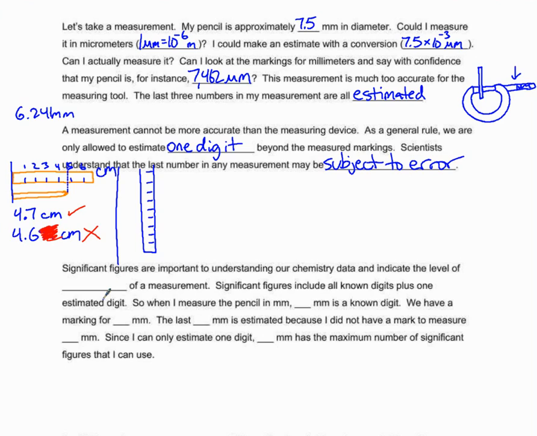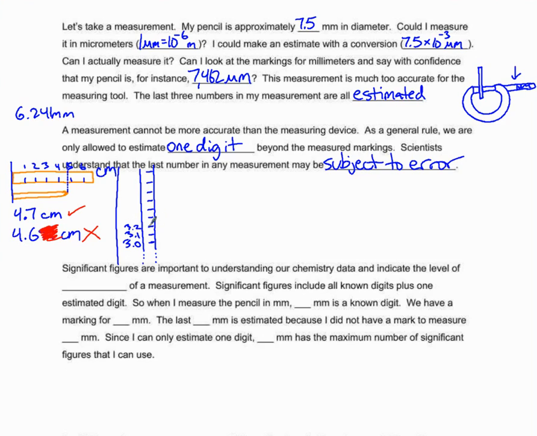Let's take some measurements here. Let's say that we're looking at the middle of the graduated cylinder and not necessarily the bottom of it. So let's say this is the marking for 3.0. Here's 3.1.